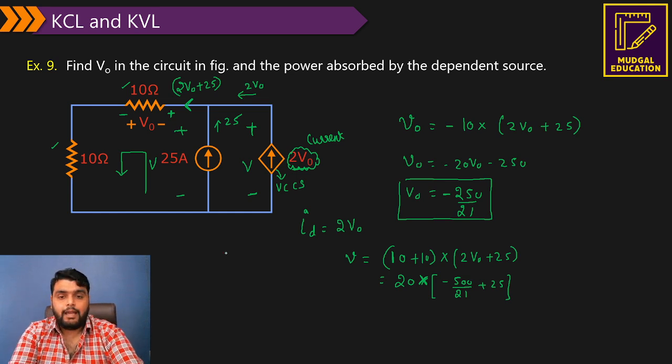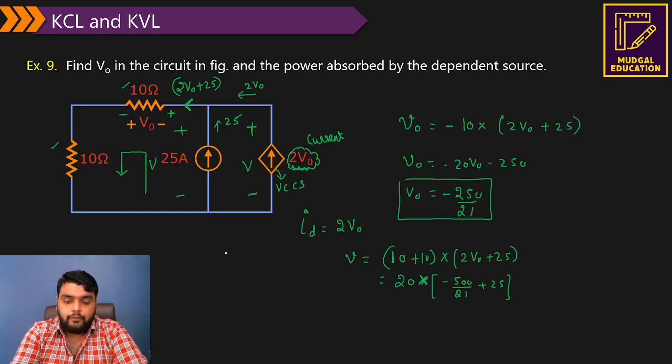We have 500 divided by 21, 25 minus that, it comes out to 1.1, multiplied by 20. So it comes out to be 23.8 volt.